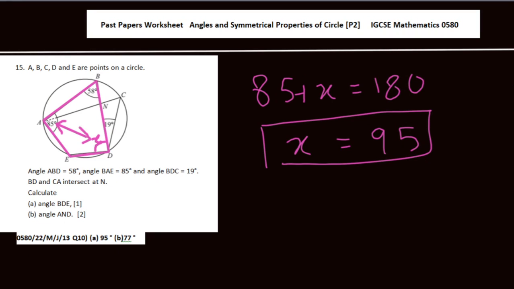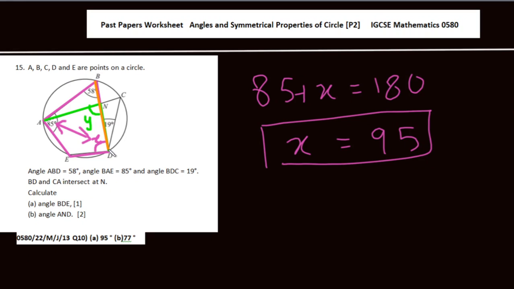Next, we need to find angle AND. Where is that? It's this angle. We need this angle. Let's call it y. Now let's look at the other values given to us. This is 19.